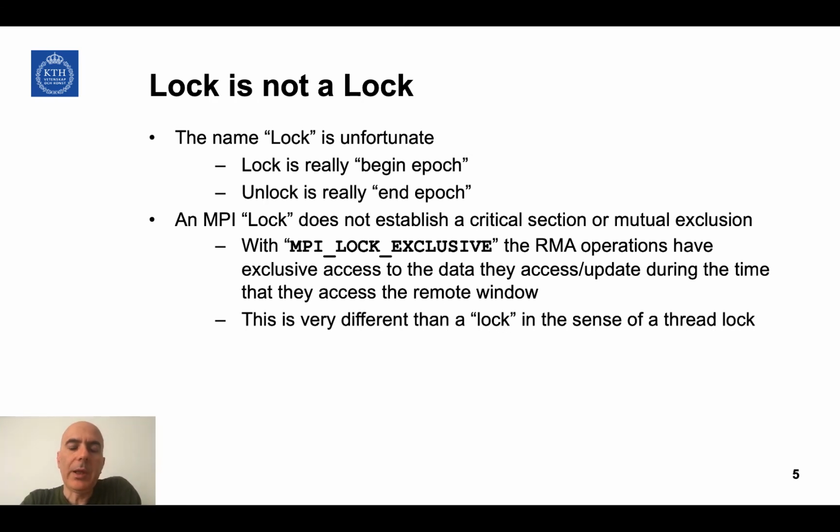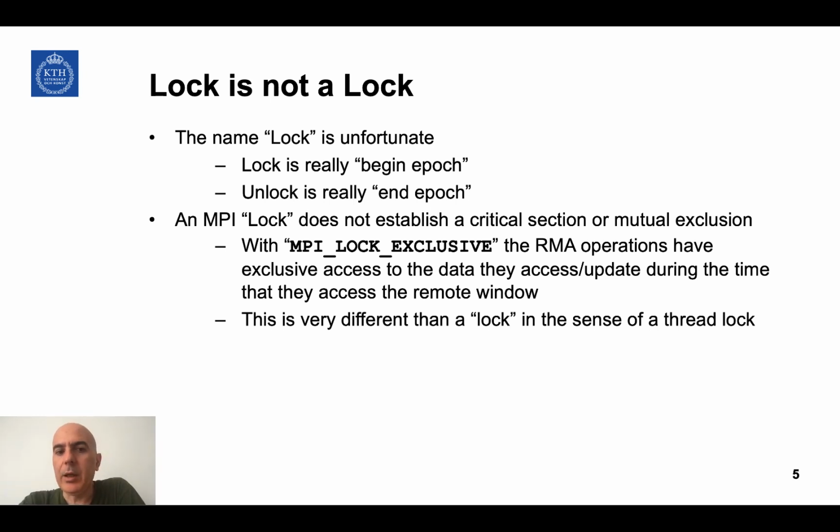The use of the names lock and unlock in MPI one-sided is somewhat unfortunate, because lock is not a lock as in, for instance, shared memory programming. The way we should read lock and unlock is that lock is more like a begin epoch, the time where we can do one-sided communication, and unlock really stops, closes the epoch.